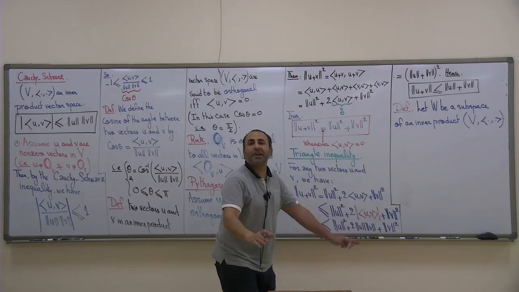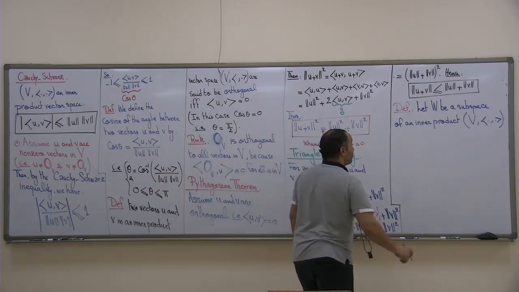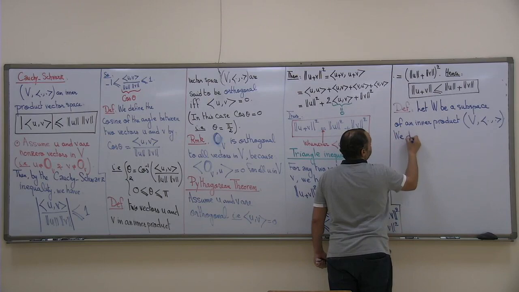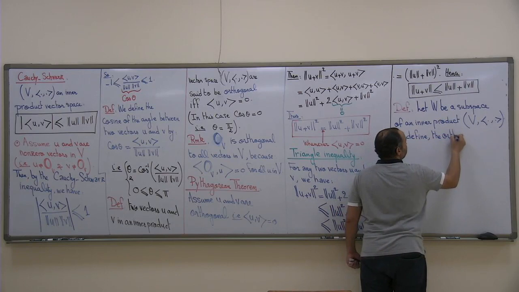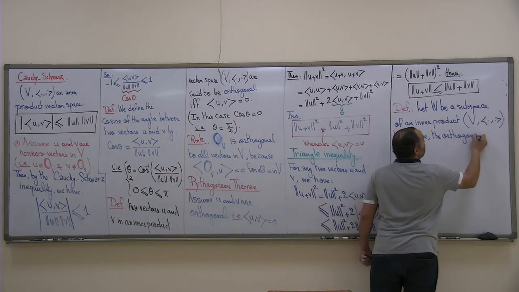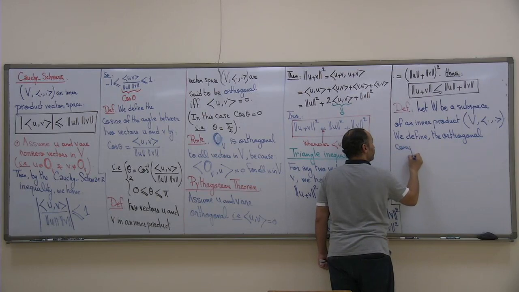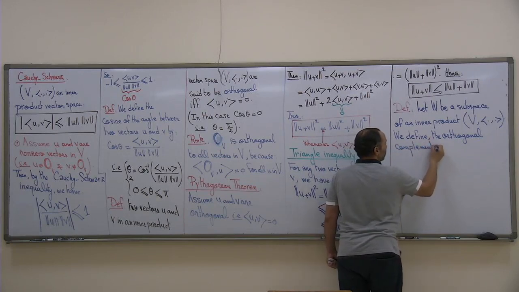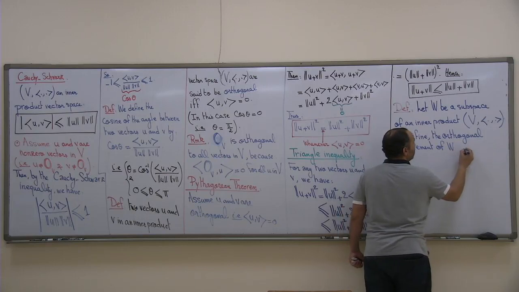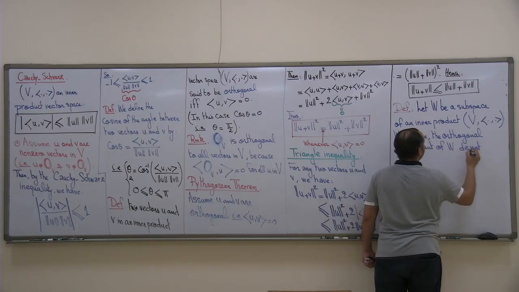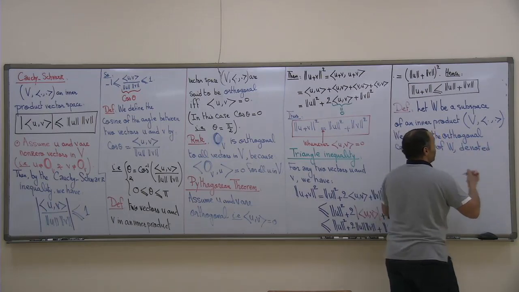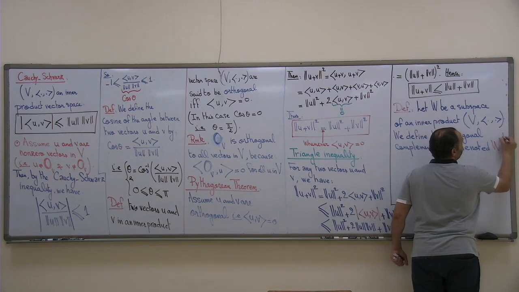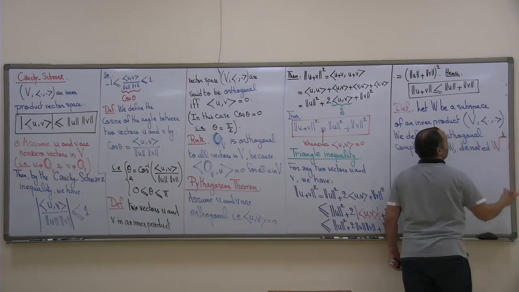I assume I have a subspace inside. We define the orthogonal complement of W, which we denote by putting W and the perpendicular sign.